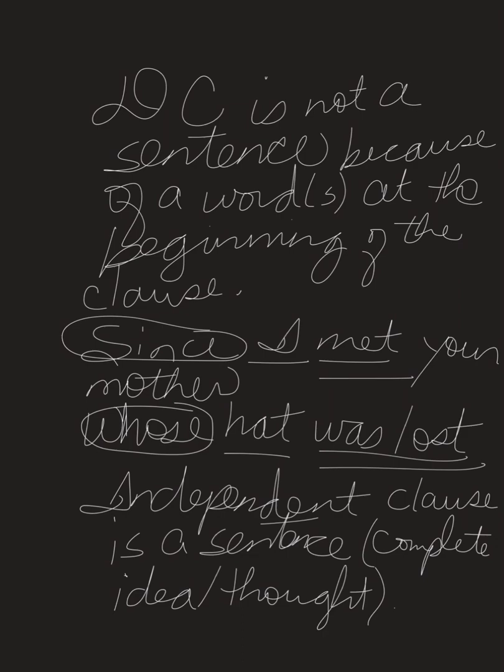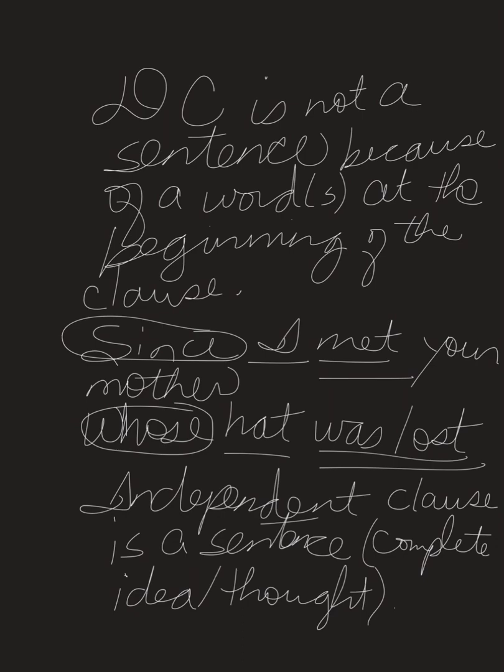One more example of a dependent clause here. Whose hat was lost. Okay, now, if this had a question mark at the end of it, you might say it could be a sentence, okay? A simple sentence, but a sentence. Whose hat was lost, question mark, okay? But if you're not asking a question, this would never be a complete idea, okay?